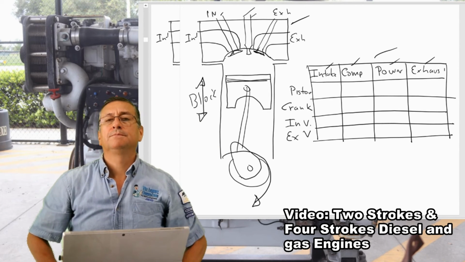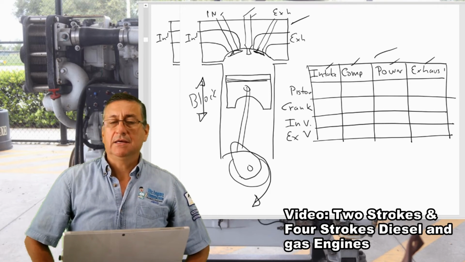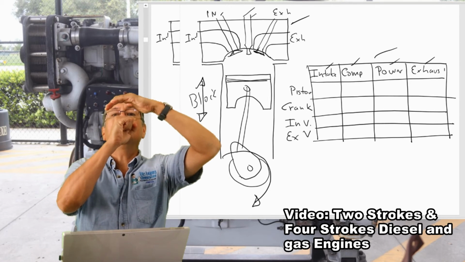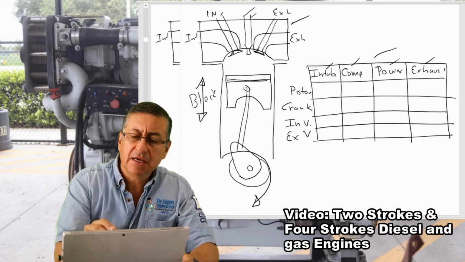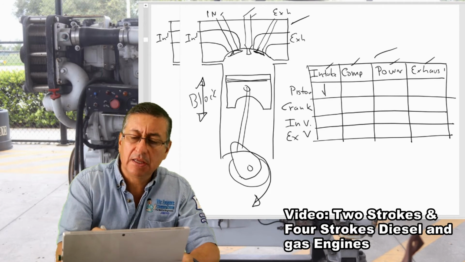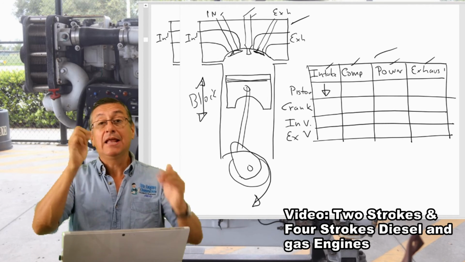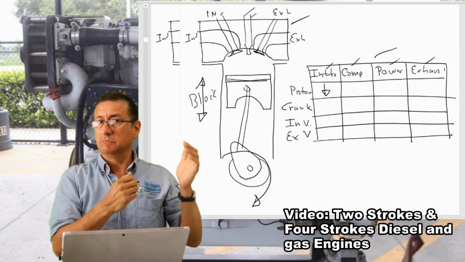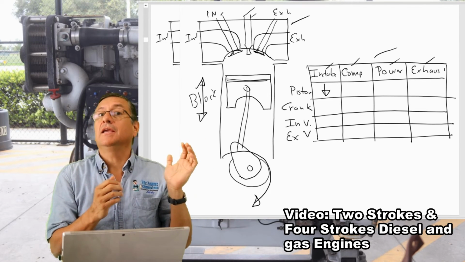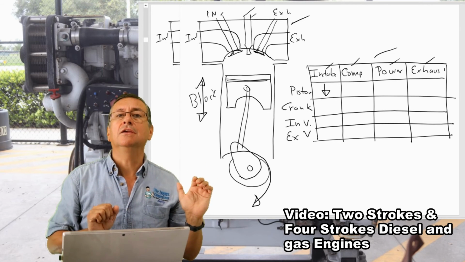Suppose that I am going to start with the intake, when the piston is going down. Now, when the piston is going down, I want to enter air in the diesel engine or air and fuel in the gas engine.